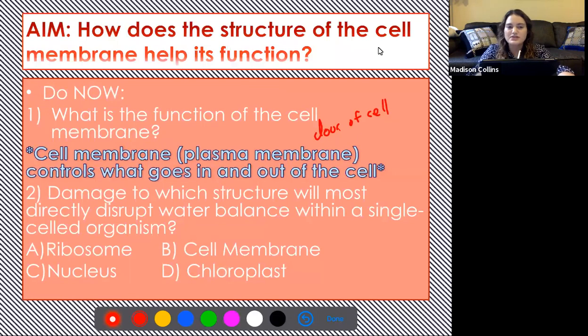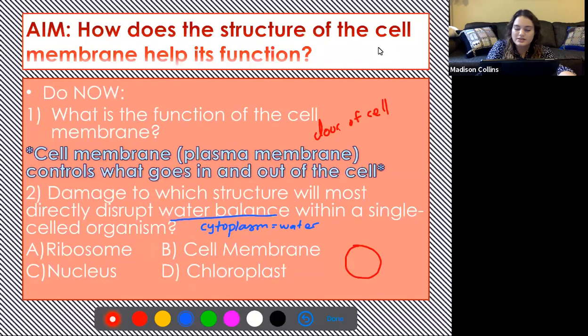All right, number 2 said damage to which structure will most directly disrupt water balance within a single-celled organism. So you should hopefully know that most of the cell is made up of water. Remember, the cytoplasm is mostly water. Okay, so I kind of think of the cell as like a water balloon.